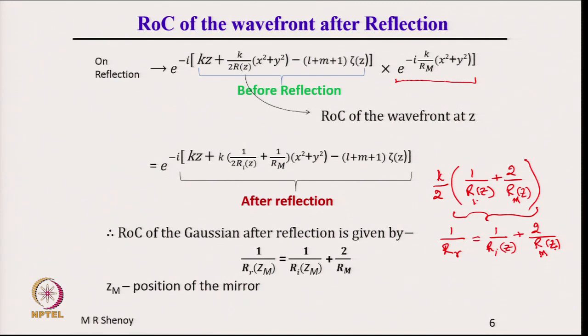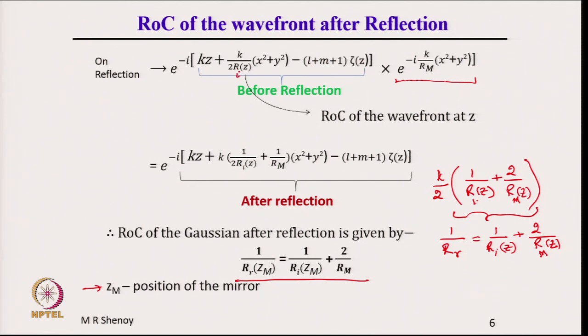So, we do not have to write z because we know the position of the mirror, but that is what is written. ROC of the Gaussian after reflection is given by this expression, where z m is the position of the mirror. So, we see that an incident radius of curvature which is r of z, now we have called it r i of z, the incident beam is r i of z.